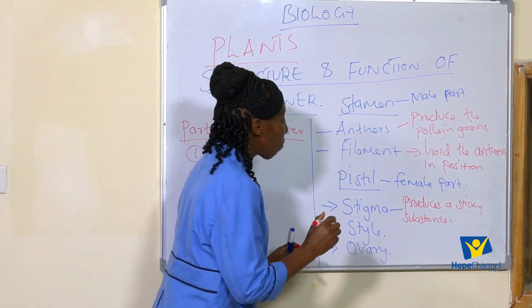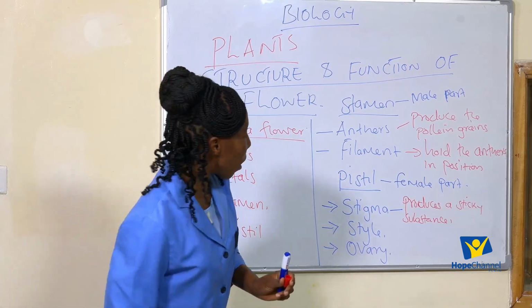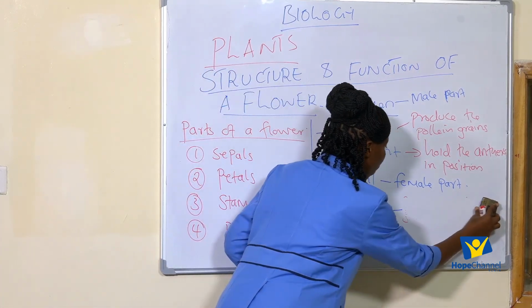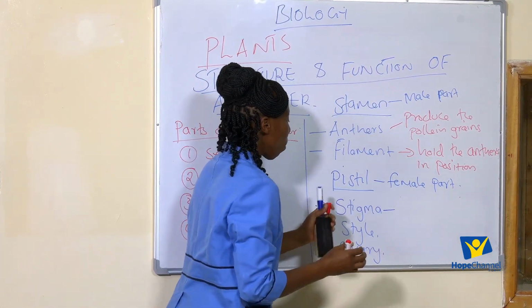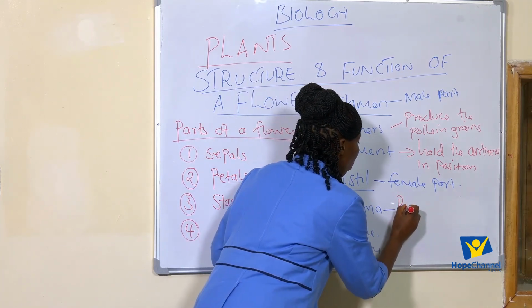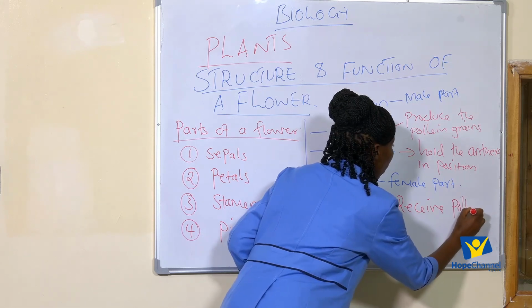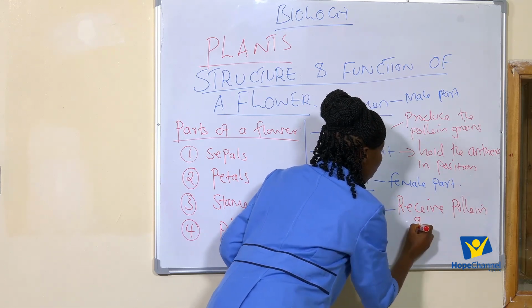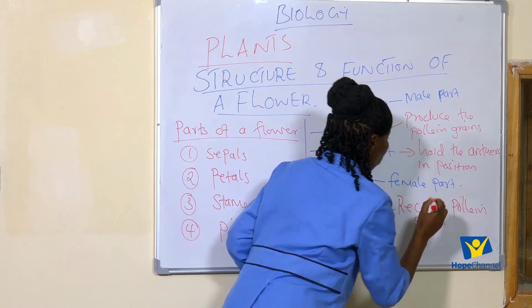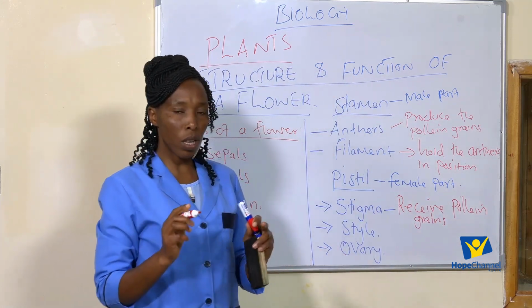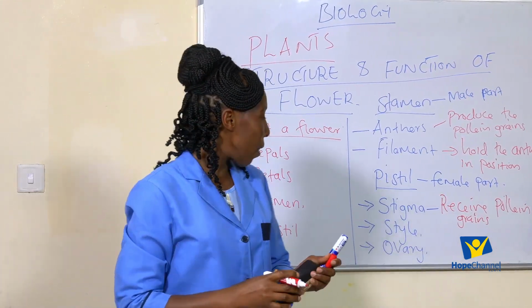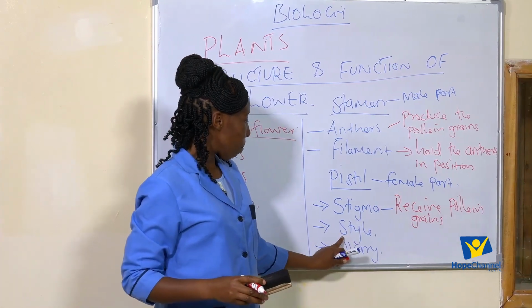So if you are to be asked, what is the main function of the stigma? It is to receive pollen grains. Then we move to the style.